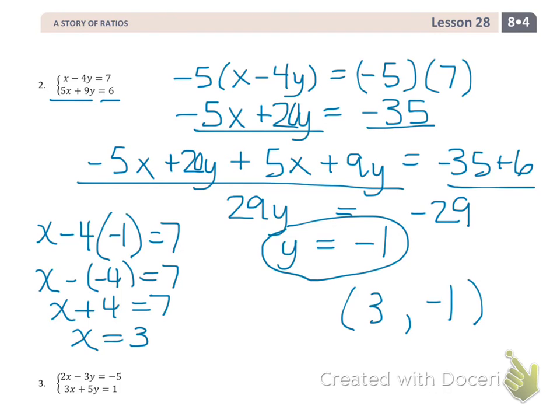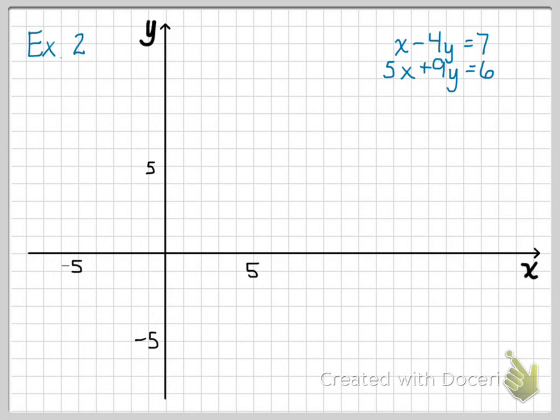So 3, -1. Our intersection should end up being about right there at 3, -1. And so let's check that and see how we do.